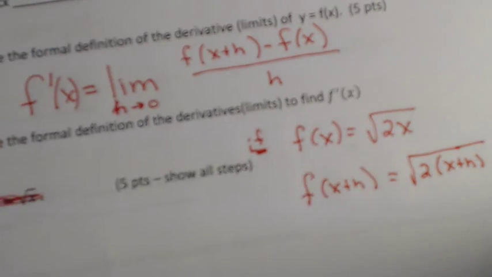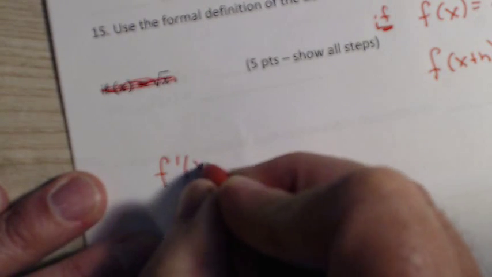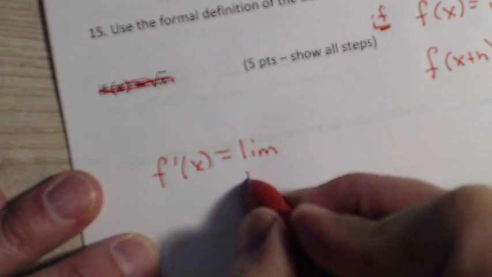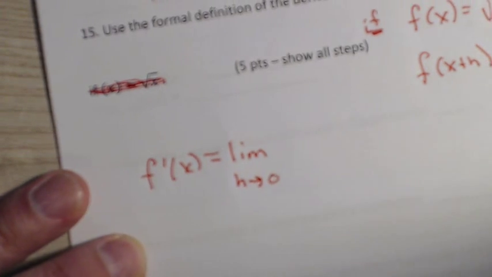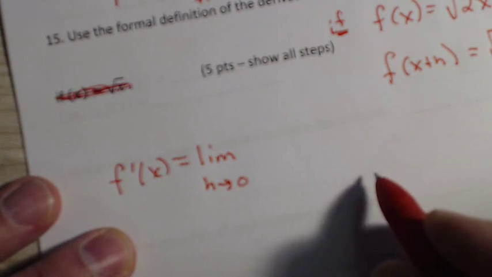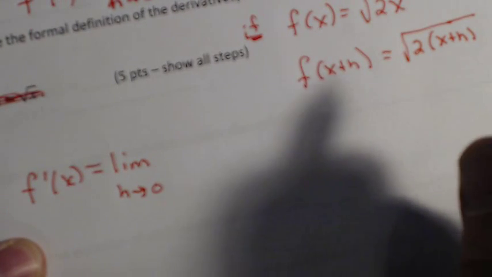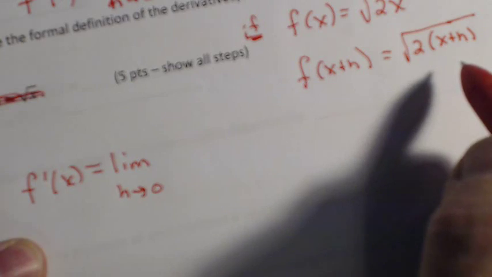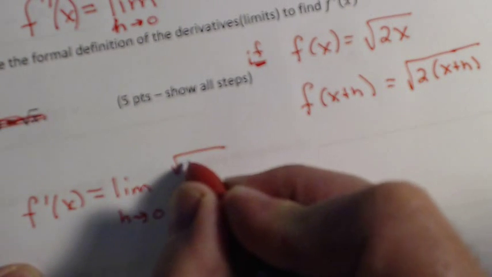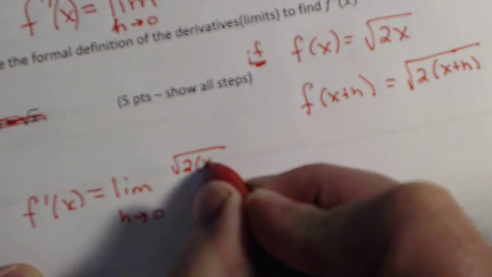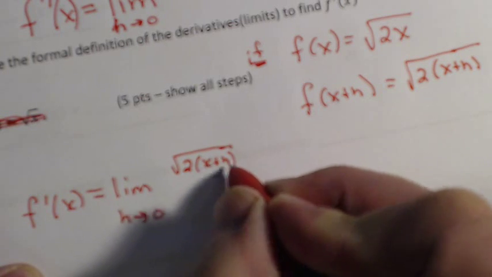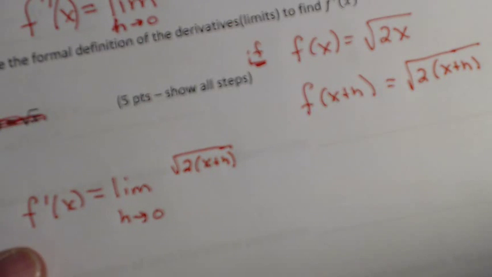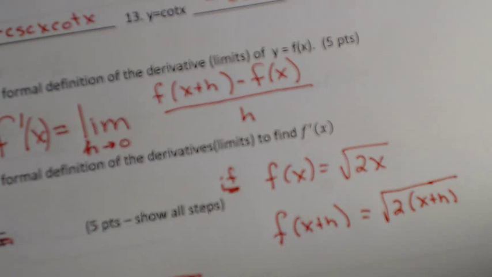So we're going to start off with our limit. F prime of x equals the limit as h approaches 0 of f of x plus h, that's the square root of 2 times the quantity x plus h, minus f of x, because that's what the formula says.